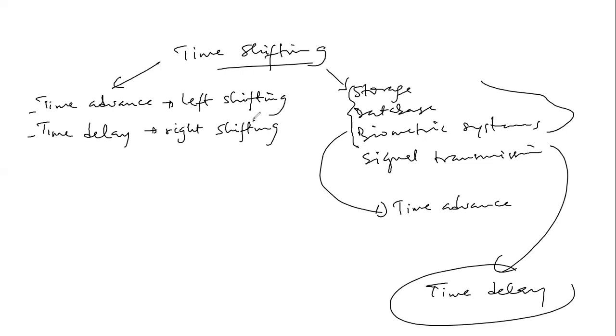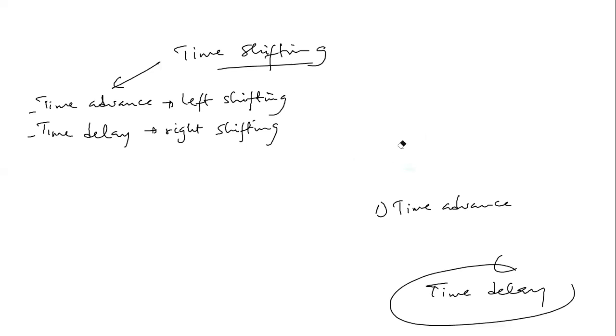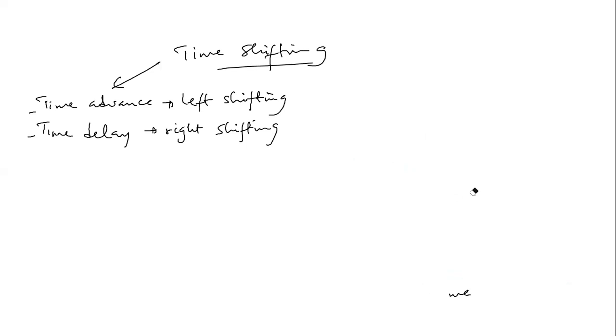Now, when the signal shifts to the left, it is time advance. So it's like we are thinking using a reverse mode, but not necessarily. So we're going to clear it all up now. I know there was a question that triggered this in one of our classes.